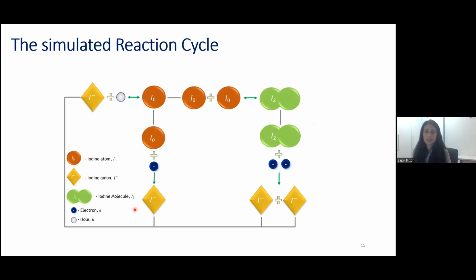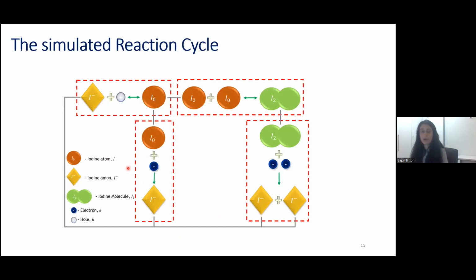We did that with the TCAD simulation tool, and the reactions we considered in the simulation can be described as a circular process, which includes the following reactions. So we have iodide anion that can react with a hole and become a neutral atom.